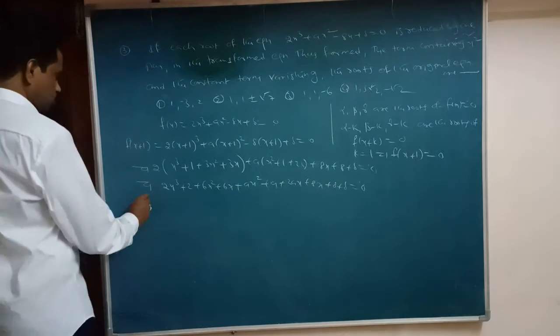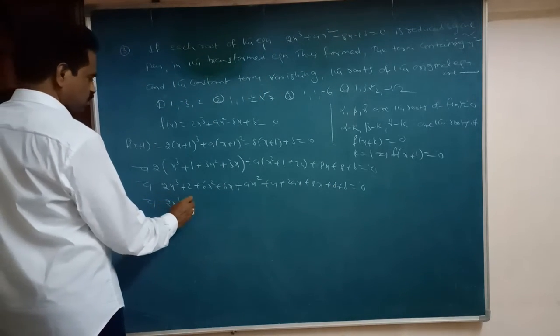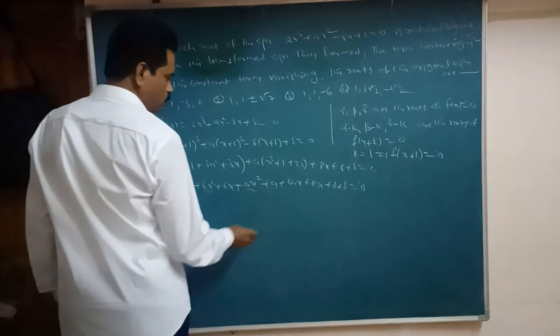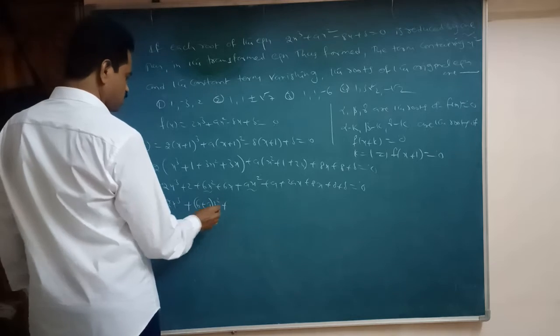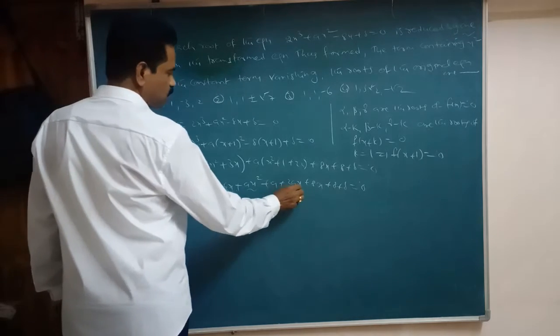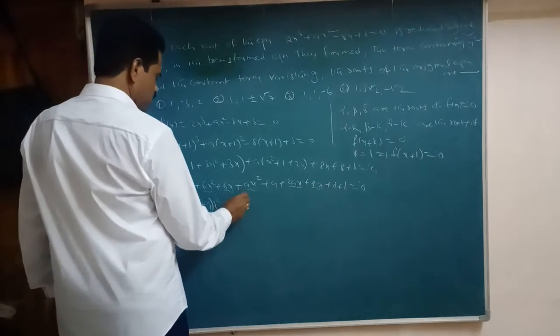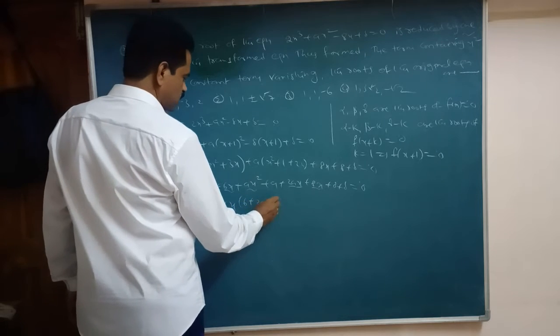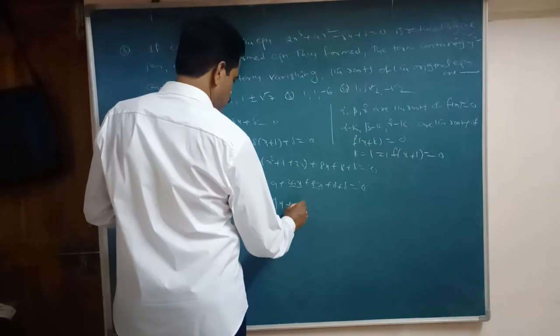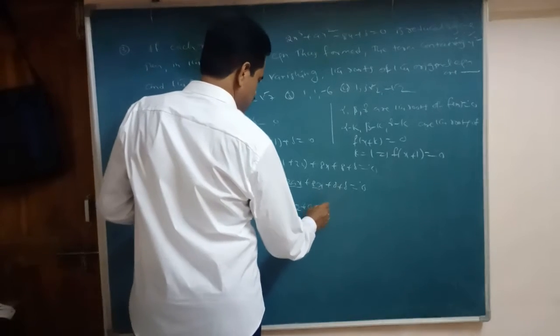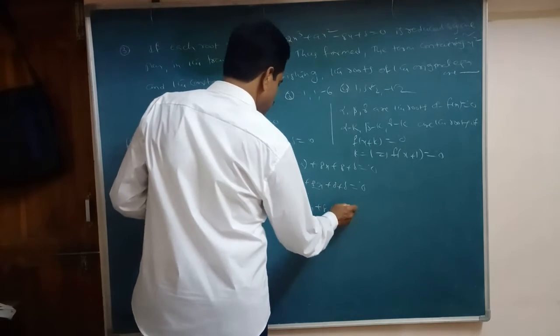So x cube write down first. Next, x square terms, 2 terms are there, so that is 6 plus a into x square. Next, x terms, x common, that is 6 plus 2a plus 8 into x. Next, constants: 2 plus a plus 8 plus b equal to 0.